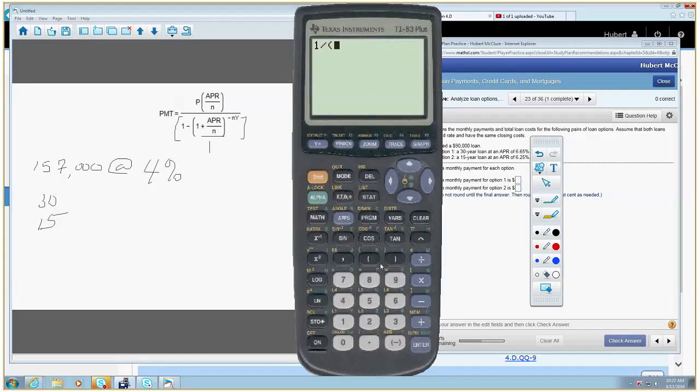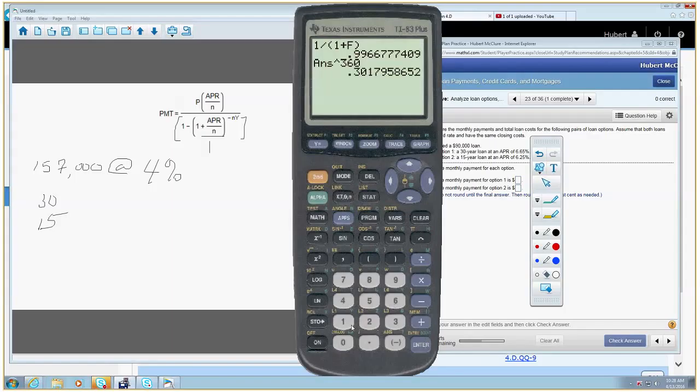So that's going to be 1 over 1 plus alpha fraction, close parentheses, raised to the 30 times 12, which is 360.